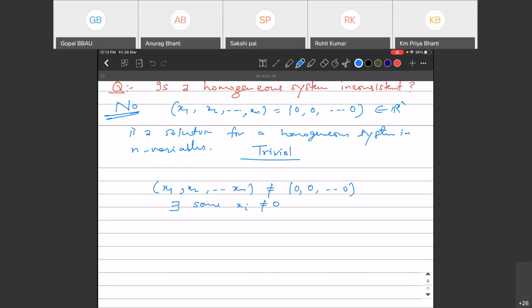If this is the solution, then it is called a non-trivial solution. So why are we interested in these solutions? We will see this.